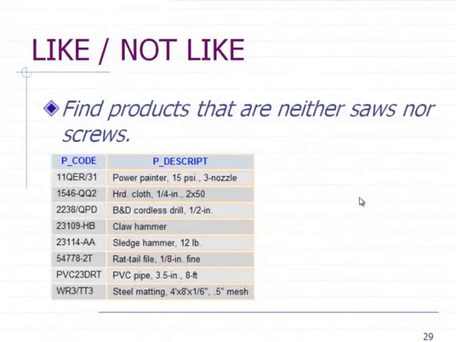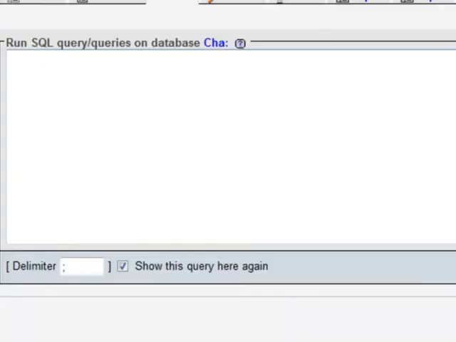So now, as the last example of pattern matching, we want to find products that are neither saws nor screws. So how can you combine two different pattern matching conditions? Again, in this SQL windows, we are looking at product code and the product description from product table. So let me write down this first, and then so there are two conditions. So let me write down two conditions separately.